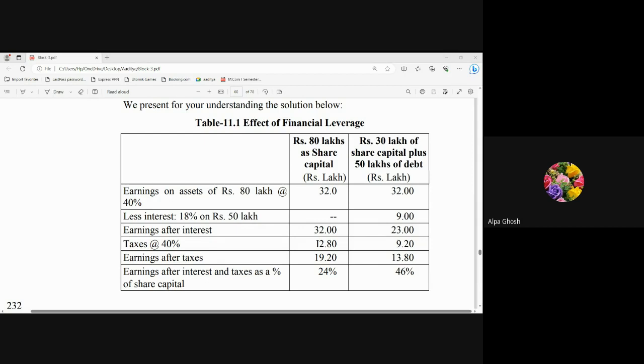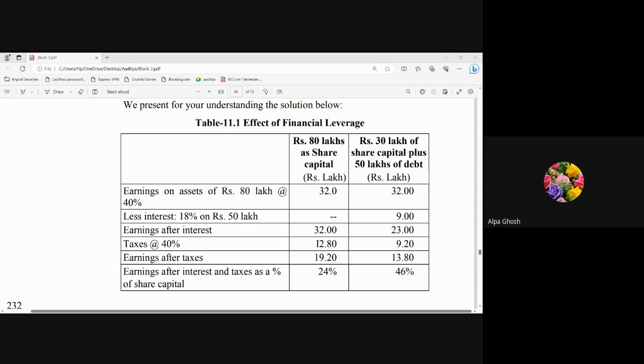Now, go for balance. 32 lakhs minus tax, that is 12.80, your earnings are 19.20 lakh. And in the second case, when you have paid interest and tax, your earning is 13.80.